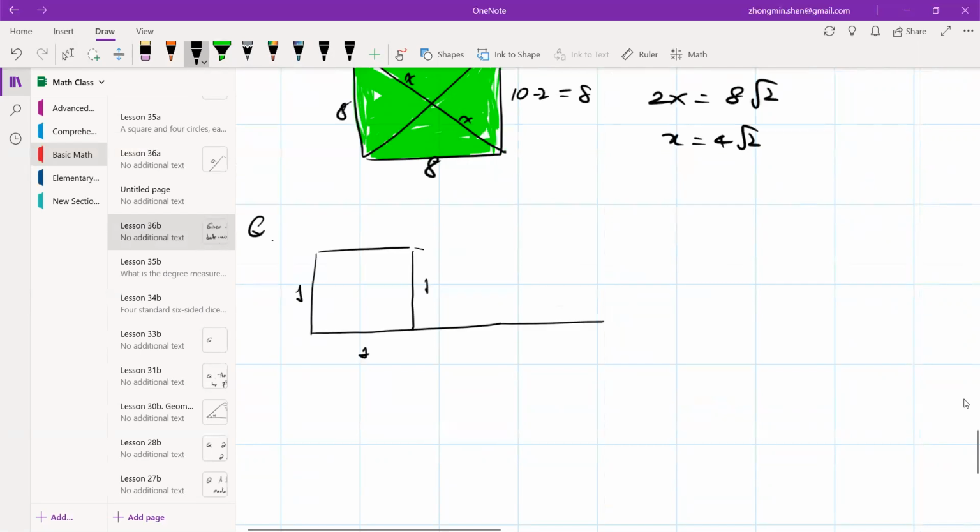Right? Then 2 square root 2. What is the total area of this figure? Plus 1.